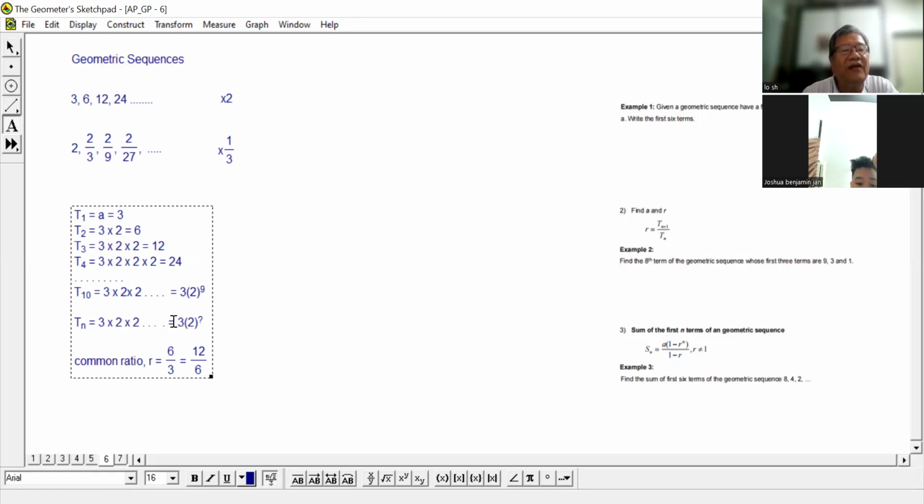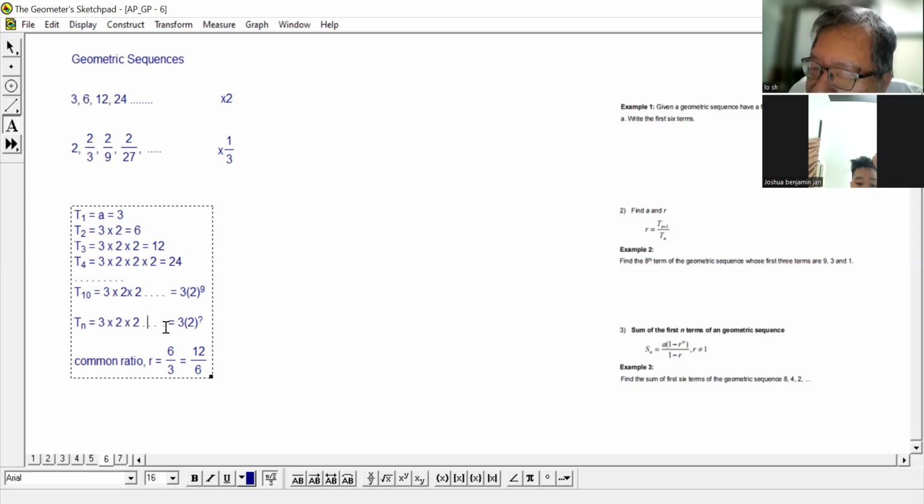Now, let's say I don't want to tell you the value of the term, I mean the term number. Let's say I want Tn, it will be 3 times 2 times 2 times 2. I don't know how many 2s. Can you tell me how many 2s? No, N number of 2s. How many 2s should I multiply?